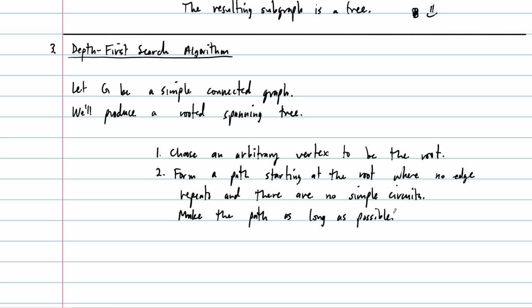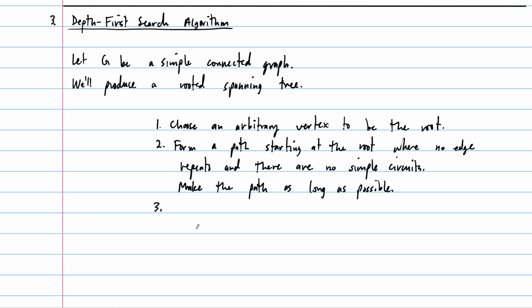All right, so then the question is, once you get to the end of this path that you've made as long as you can, if you're still not done, then you have to get the other vertices, right? So if the path does not pass through all vertices, you go back to the previous vertex, the second to last vertex, and try to extend it from that vertex in a different direction.